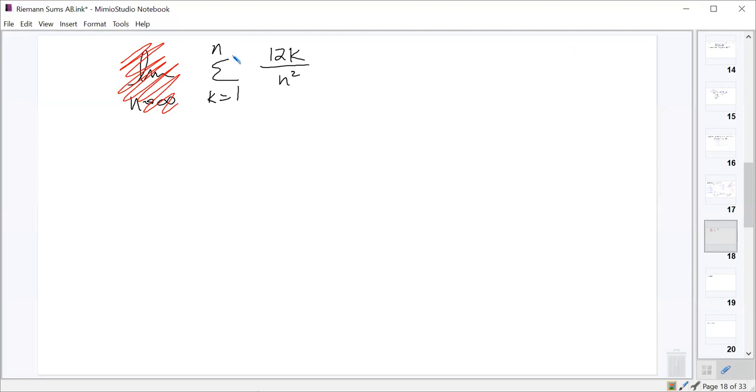It's however many subintervals we have. And if we're not sitting here looking at a limit as n approaches infinity, then that n, we know, is just some number. And so within the summation itself, n is constant. n is however many subintervals I have. k is changing. k is going from the first to the second to the third rectangle. Does that make sense to everybody?